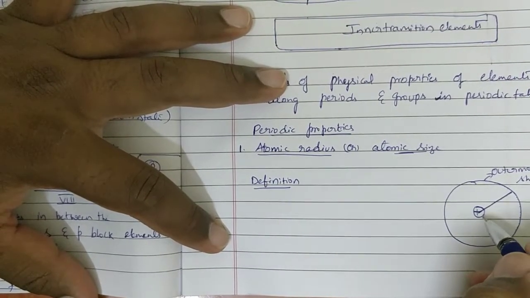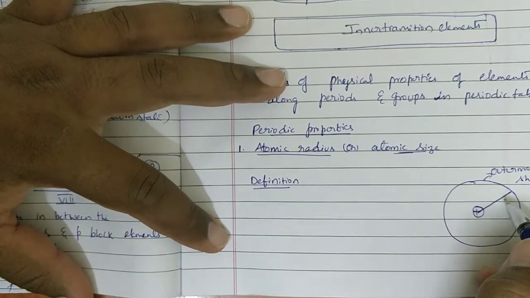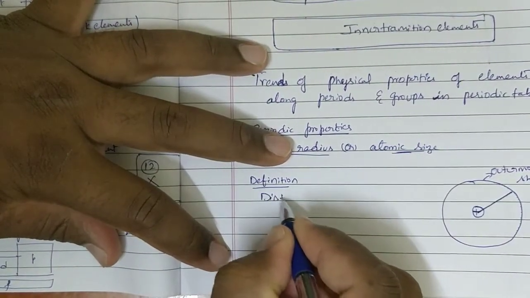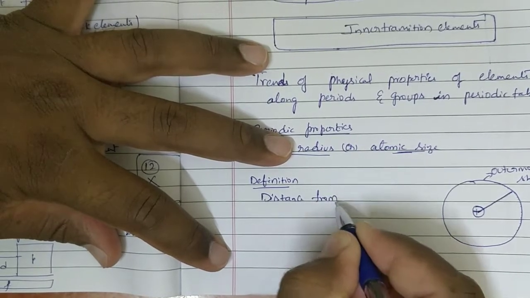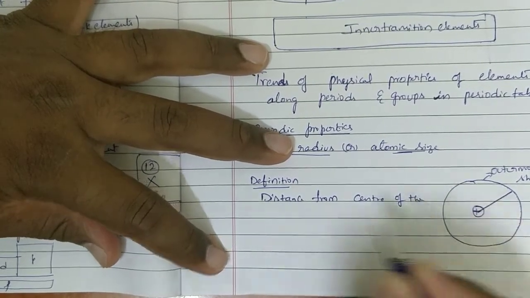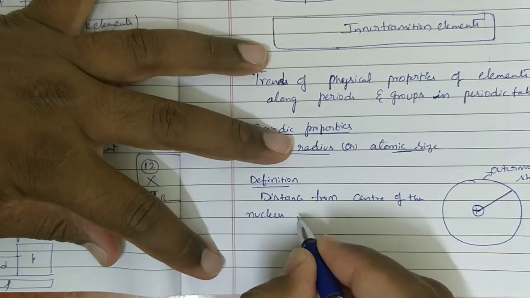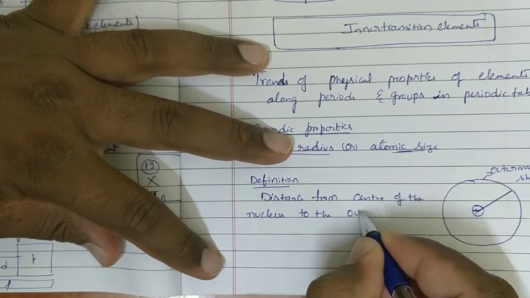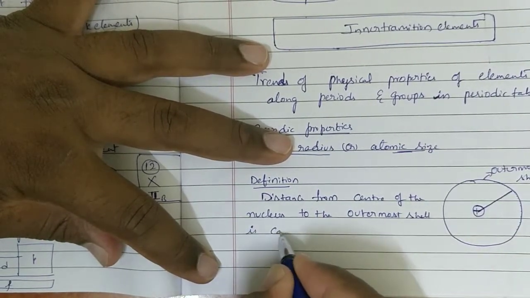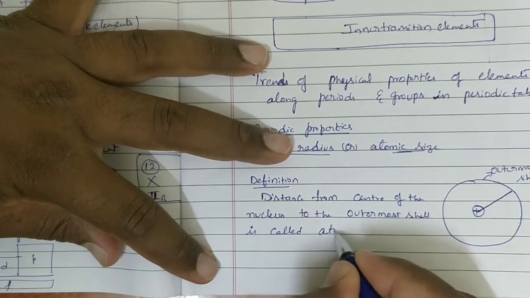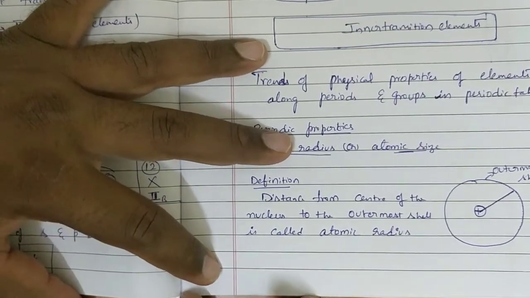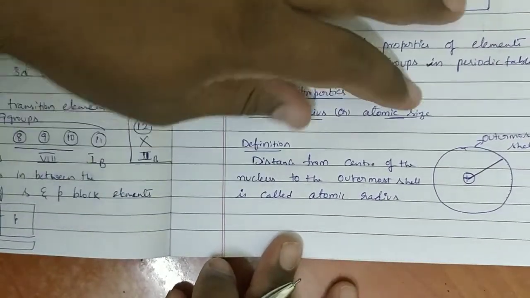Like that here also, the distance from the center of the nucleus to the outermost shell is called atomic radius or atomic size.